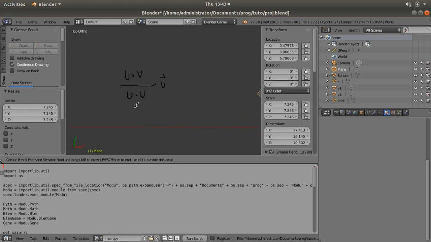So I'll rewrite this as nv over nn times n, and the vector v was from the point to the plane.